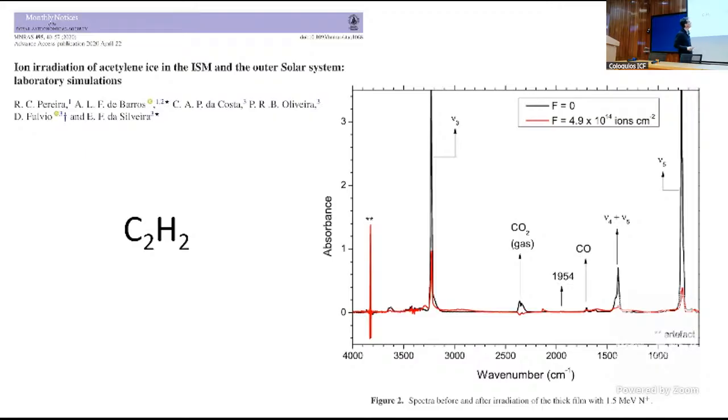Now, you have these two modes here. They are the active ones, the asymmetric ones that I told you before. A little bit of contamination here, and also this other one that is a combination of 5 and 4. 4 is actually inactive, but some part of the molecule is vibrating in a way that it has a dipole moment.